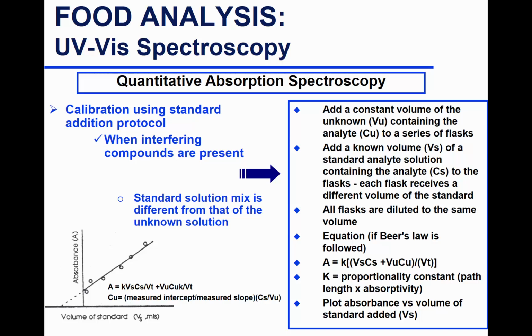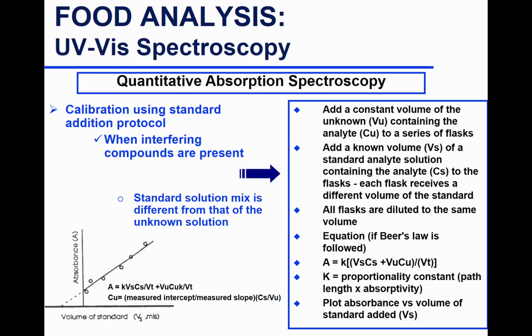Okay, so that's 5. And then you add to each one of them the same volume of the unknown sample. Depending on your dilution, let's say 10 ml, and you are diluting to 100 ml. So you put 10 ml of your sample in all of them.